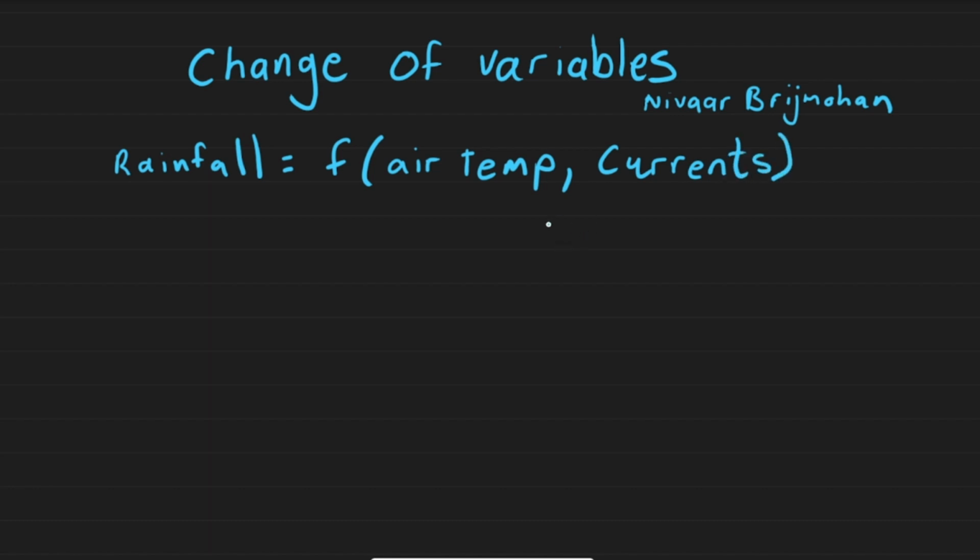Later on, they discover that both the air temperature and the ocean currents depend on their own on two other variables. Perhaps they could be wind speed and land geography.